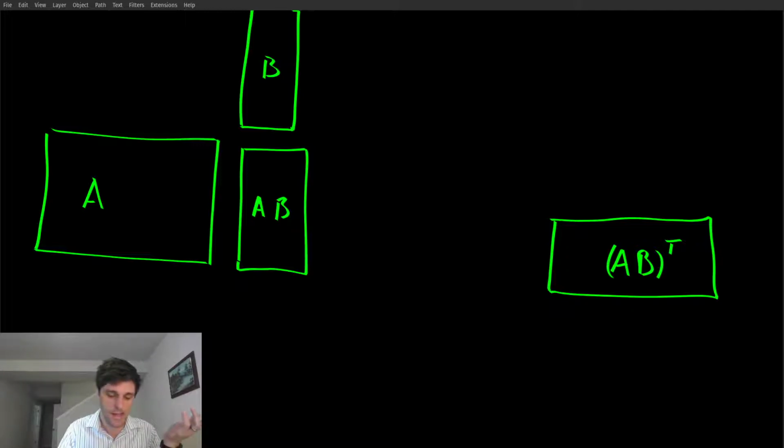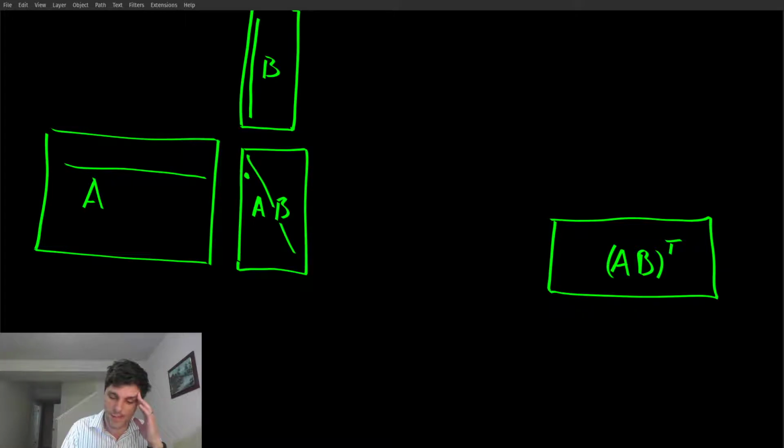And so if I pick some element somewhere in A times B, I know that's the inner product of this column of B and this row of A. And when I transpose, it flips along this diagonal here, right? So that one ends up over here somewhere, right? And if I'm going to get this shape, I'm going to have to flip A and B also.